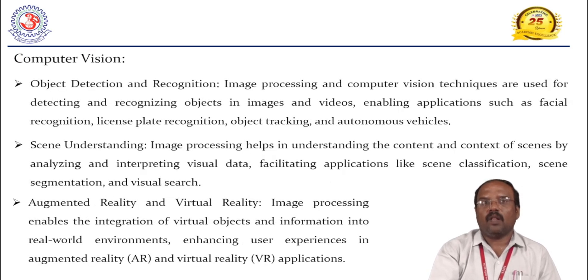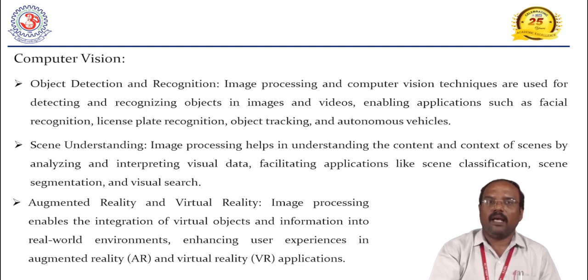Computer vision. Here, object detection and recognition. More or less, image processing and computer vision techniques are used for detecting and recognizing objects in images and videos. We can enable applications like facial recognition, license plate recognition, object tracking, and autonomous vehicles.